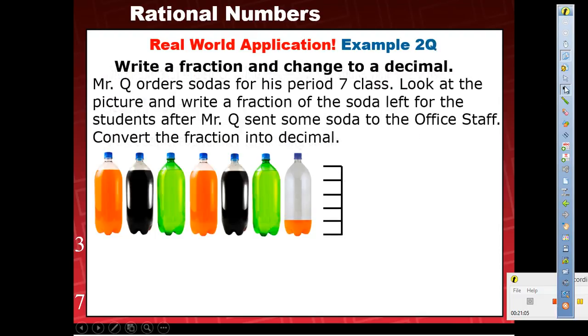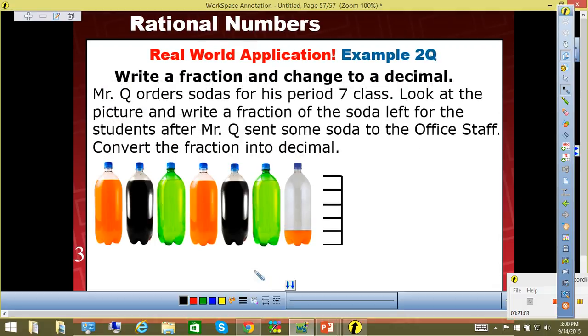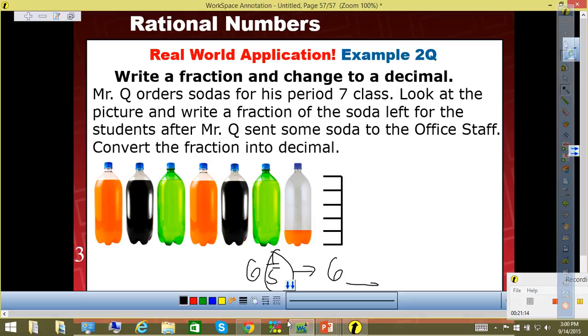Oh, let me go back. 6 and 1/5. So now here, all we have to do is write 6 and to convert this. Is that correct? Yeah. So this becomes 1 divided by 5. It doesn't fit. Does 5 fit into 10? 2. And we're done. So it's 6.2.